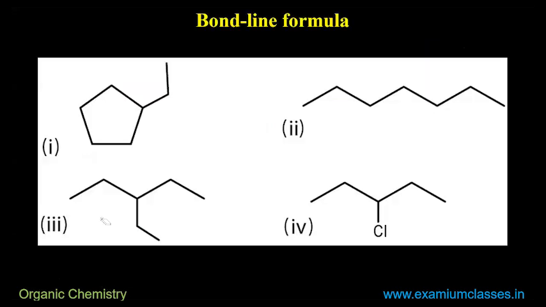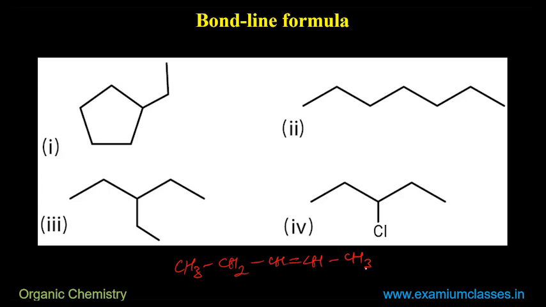Now the bond line formula. Bond line formula is a way in which we don't need to write all the hydrogens because they are evident. If I write something like CH3, CH2, CH double bond CH, CH3, even if I don't write the hydrogens, it will be clear that carbon has a valency of 4.